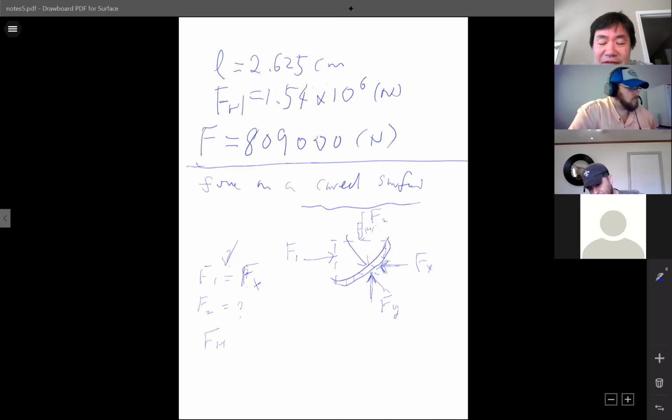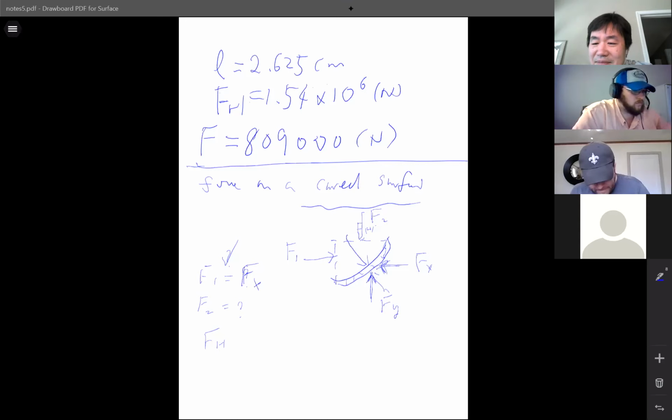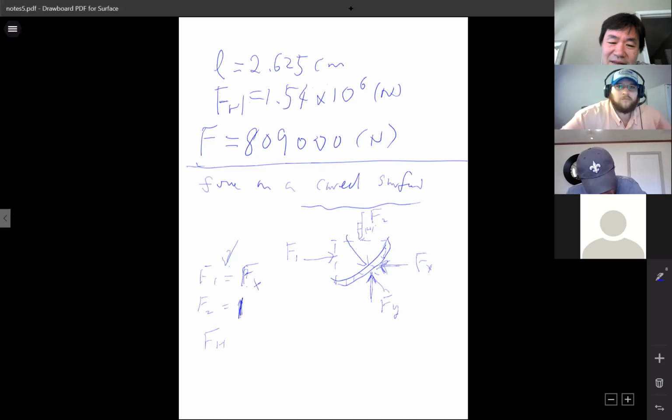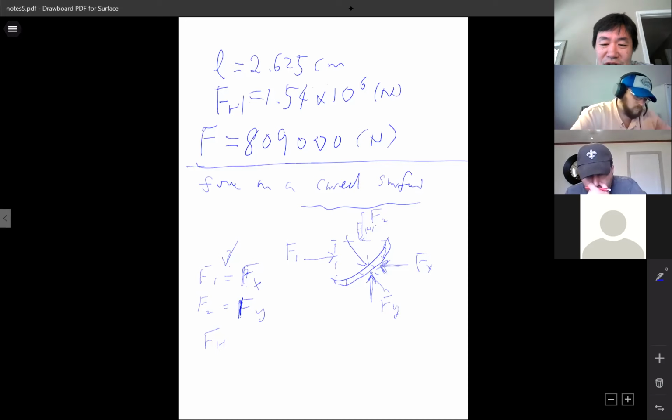F2 and Fy. Are they also related? F2 would equal Fy plus the weight of the... Exactly, they are not equal anymore. This chunk of fluid also sitting on top of the surface has a weight.